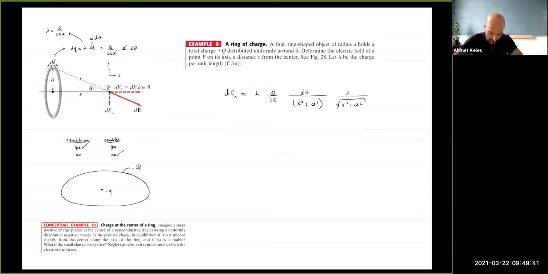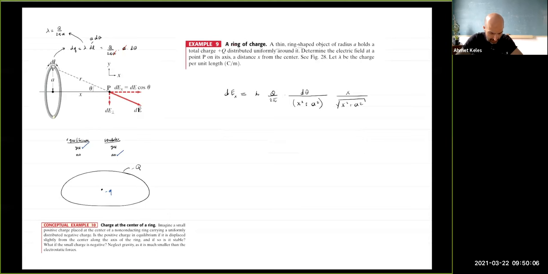This is E, but I know E is a vector, and I decompose it into its components like this. When I saw this, I immediately thought that there's a symmetric point where this vector will point like this, so these two cancel. I don't have to think about these perpendicular components.